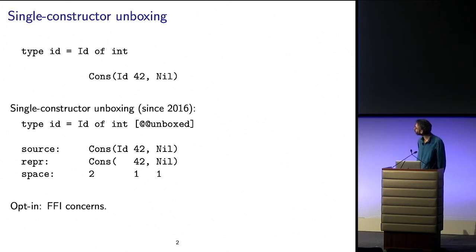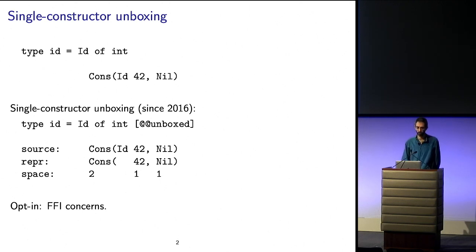So you can see that you are going to pay 4 words to store this instead of 6 if you remove the unbox annotation. And you could ask, well, why is this unboxing not an automatic thing that happens? The answer is that would break foreign function code that produces values using directly the low-level representation. So you cannot change the low-level representation without telling anyone.